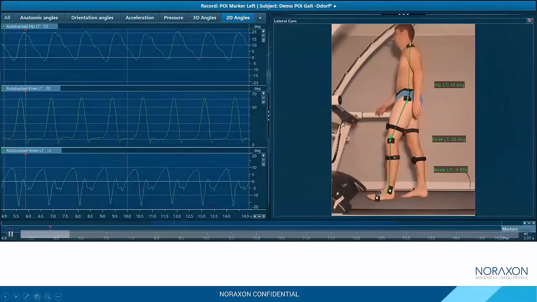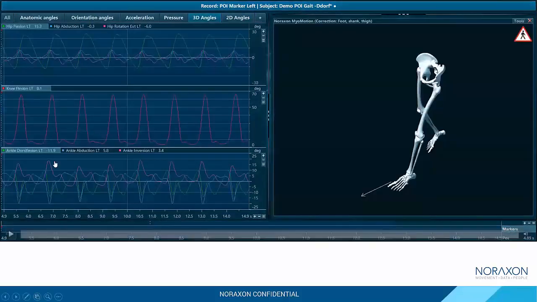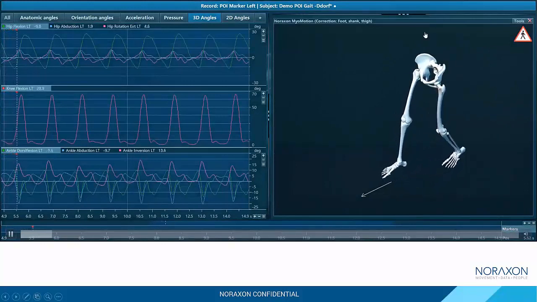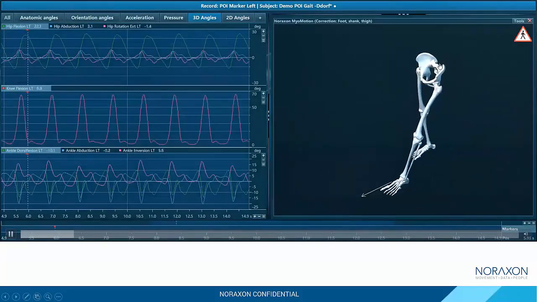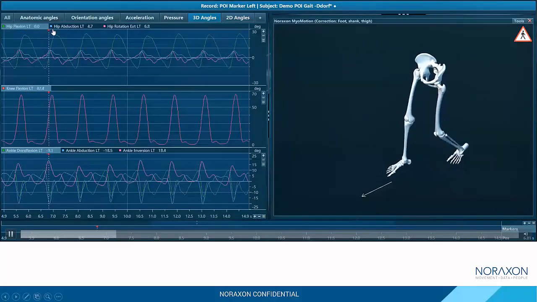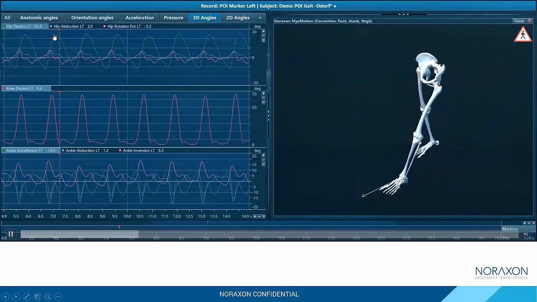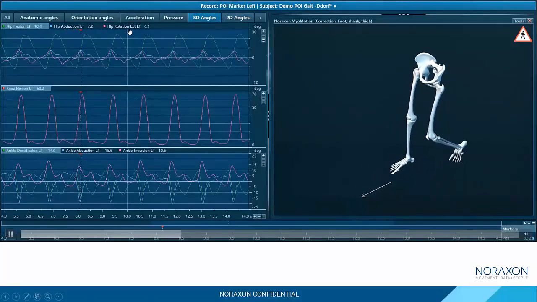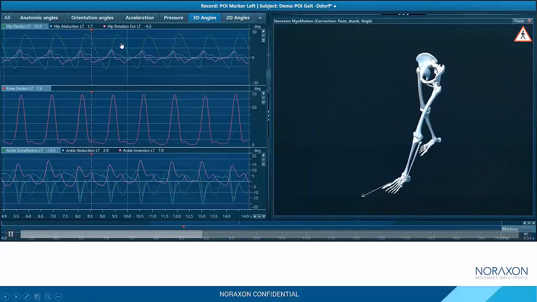Now, if we take a look at a three-dimensional analysis, we now have a rendering of this body model. We can see the depth. We can look at the rotational components, which are generated from the data that you see here. So not only do we have the sagittal plane, but then we've got the frontal plane and the transverse plane information.